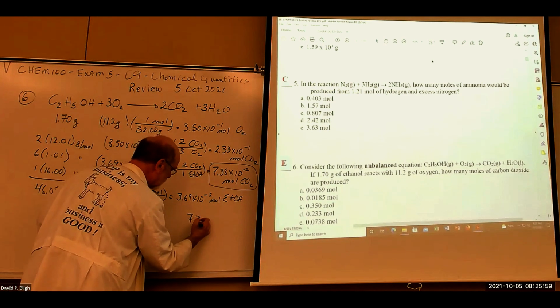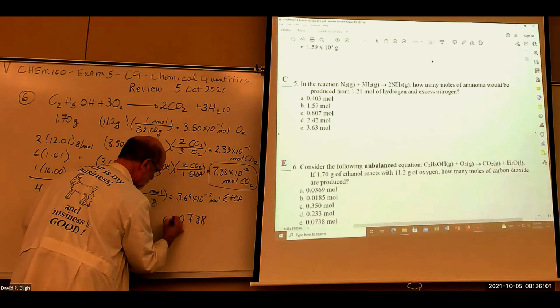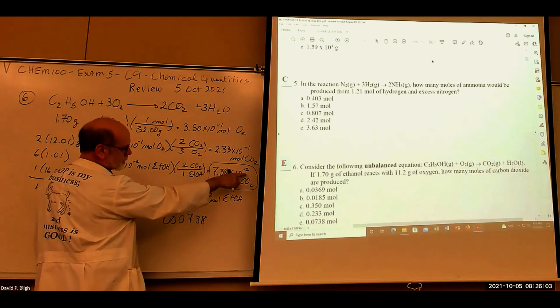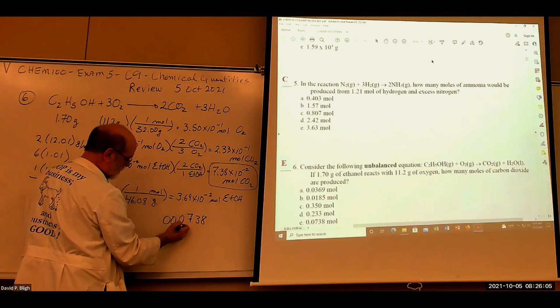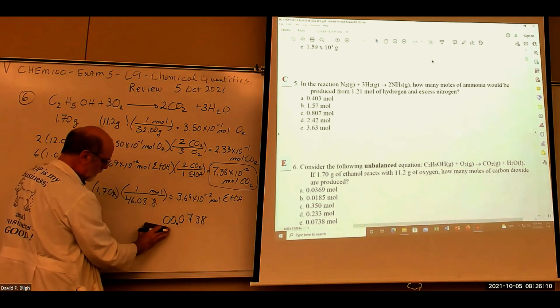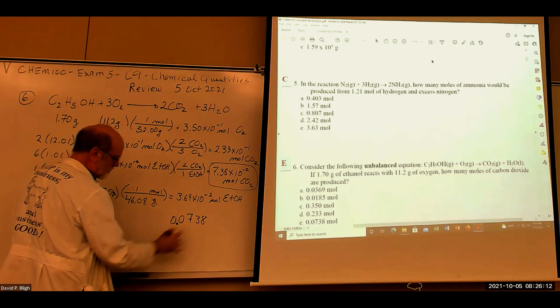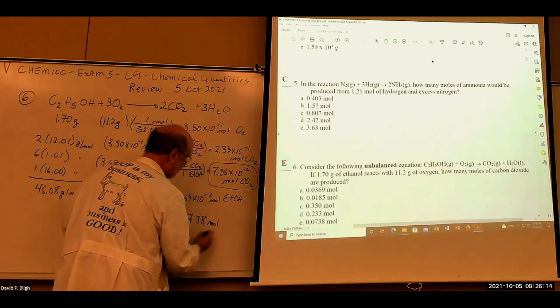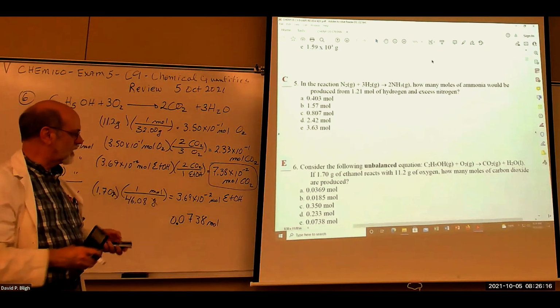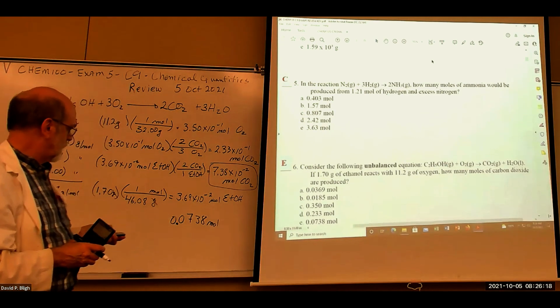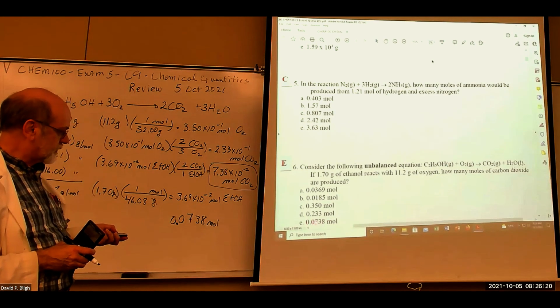Right? 7, 3, 8. Right? Move it 2 to the left. Here, 1, 2. We don't need that one. So that's how many moles of carbon dioxide will be produced. And here it is right here, 0.0738 moles.